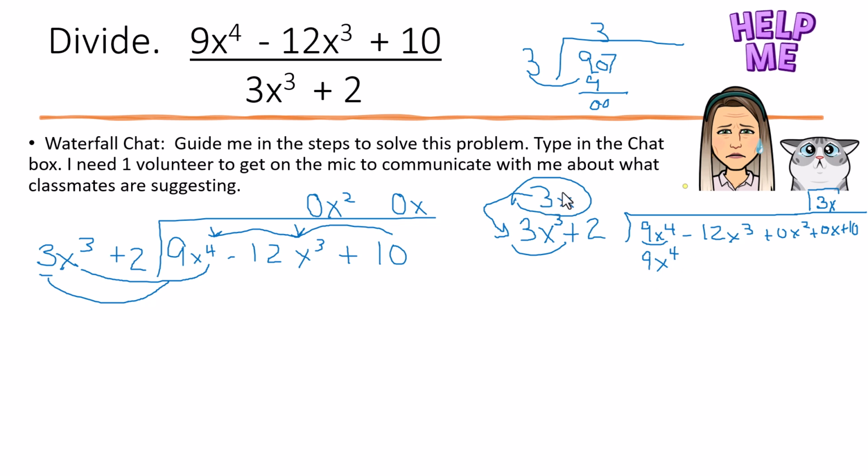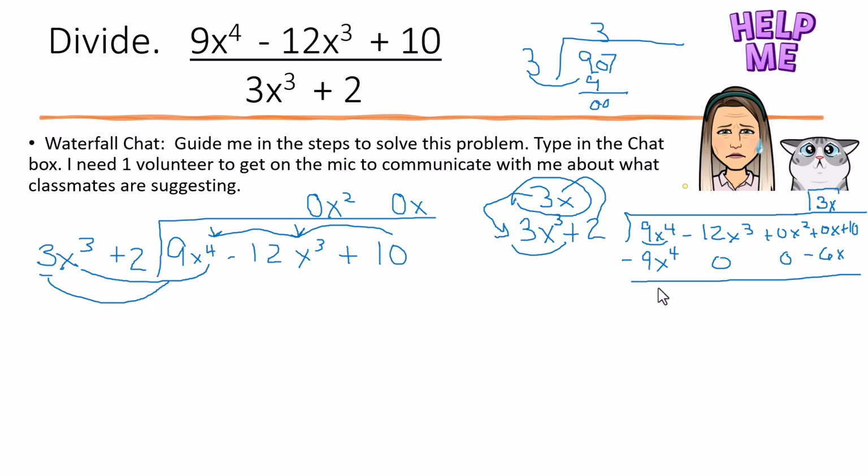But make sure that you multiply by that second term. 3x times 2 is 6x. So that's going to go down here. And then everything else is going to be zeros. Okay, now make sure that you subtract every term, not just the first one. Subtract, zeros are neutral.